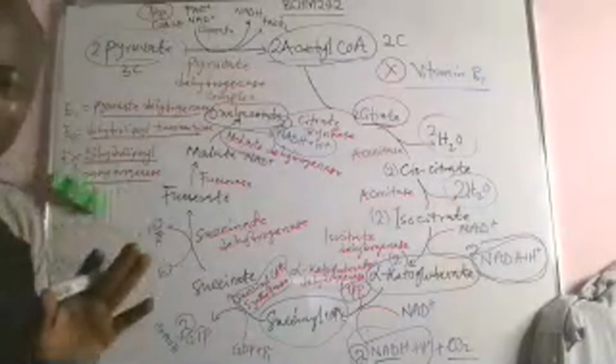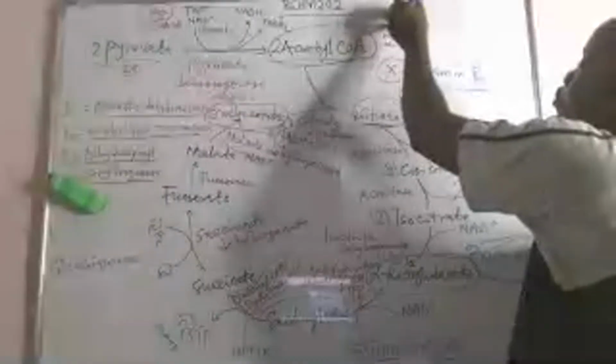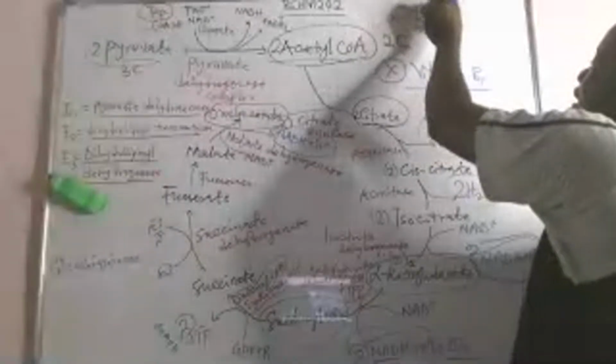Excellent, Oluwatoyin. Six. Yes, Zalihat, six. Because you have three steps where you produce one. So if you have two cycles, at the end of Krebs cycle you have six molecules of NADH.